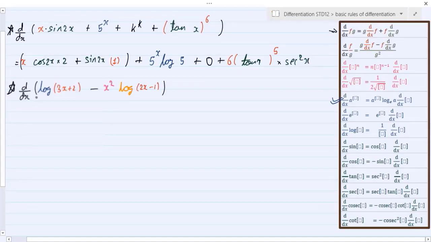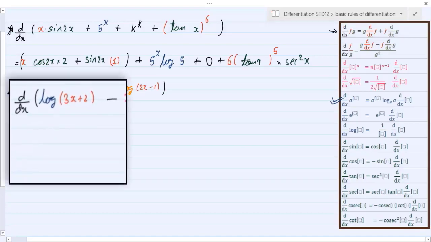In this question, we have to differentiate log 3x plus 2 minus x square log 2x minus 1. Here we have two separate terms, so they will be differentiated individually. In the first term, we have log 3x plus 2. Log is your outer function, so let's consider a box around the inner function.